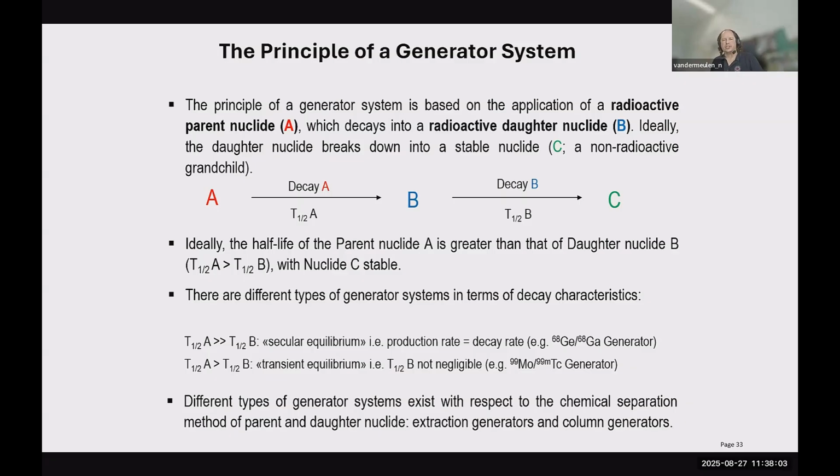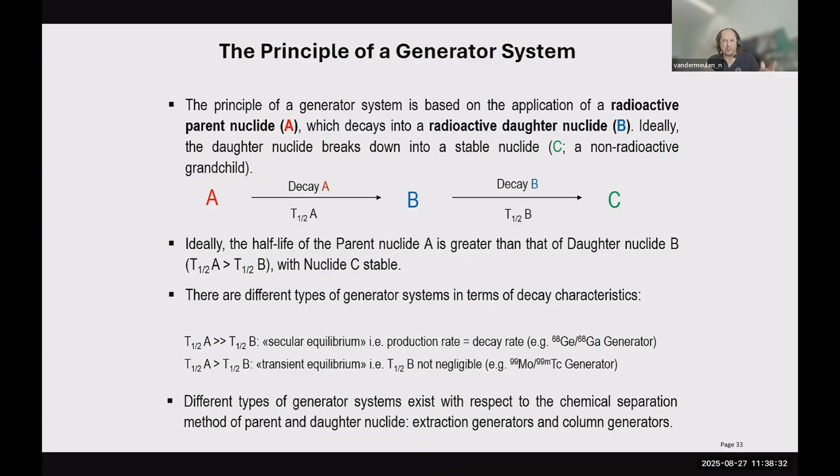So this is the concept that one applies in a generator system, because that way, when you produce the generator and make it available, the parent can decay into its daughter, which is the gallium, and which you can elute from the generator over a period of time, while ensuring that the parent nuclide stays on the substrate.